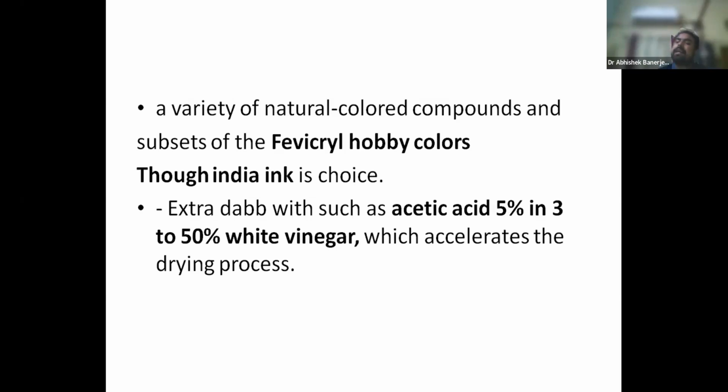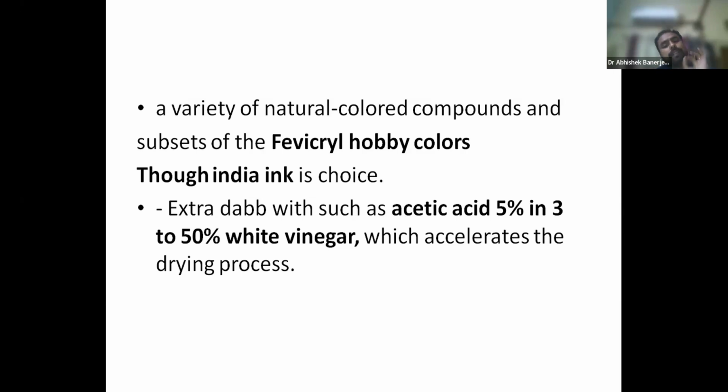India ink is the ideal choice, but if you do not get that in your local area, you can use Fevicryl hobby colors, which are acrylic colors. You can use a brush and slowly paint the surface. When you are using that, make sure your hands or gloves are clean, so that you do not put colors into other areas where you are not supposed to.